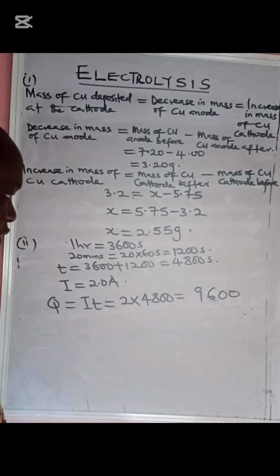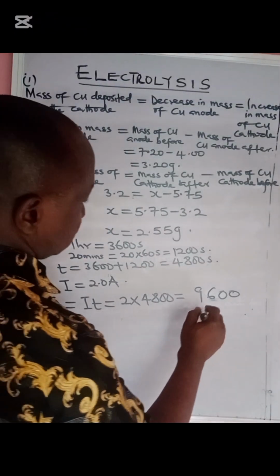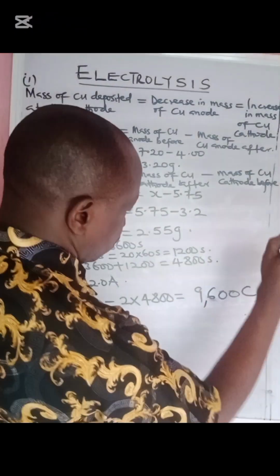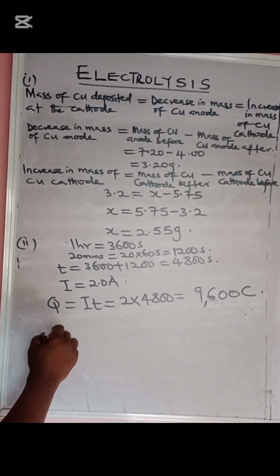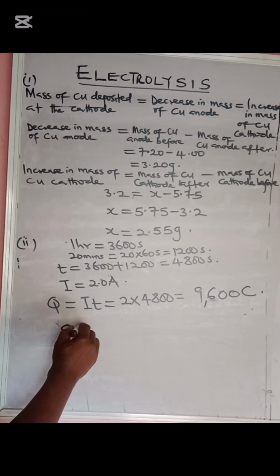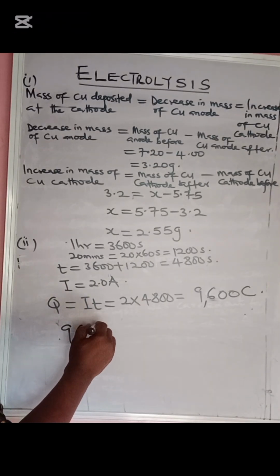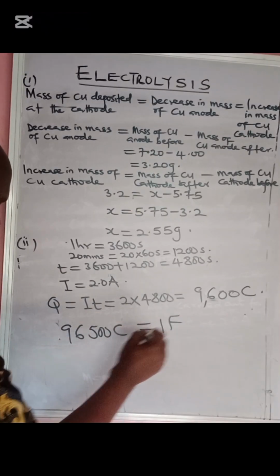This will be 9,600 coulombs of electricity. This is Faraday. Remember, we are coming to that. 96,500 coulomb is equivalent to 1 Faraday.